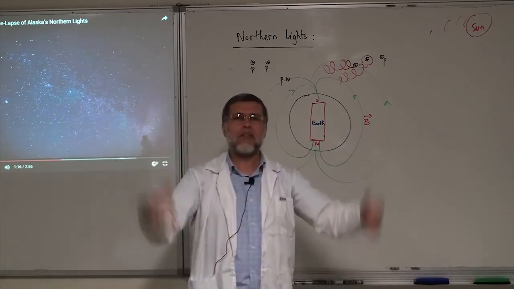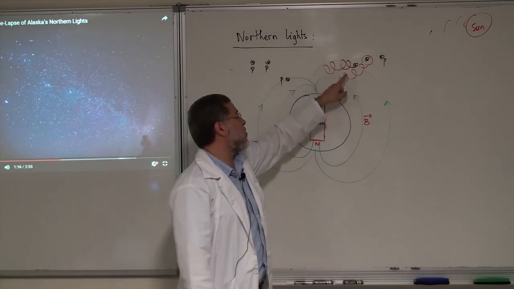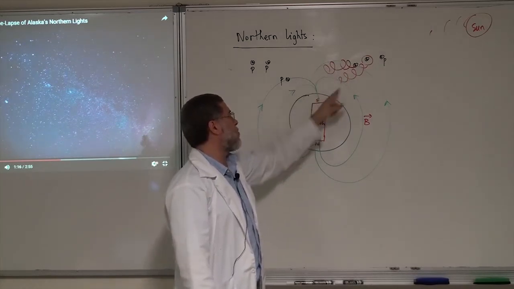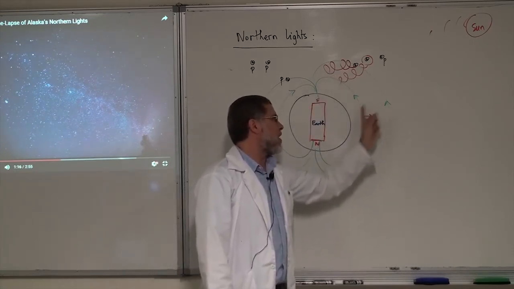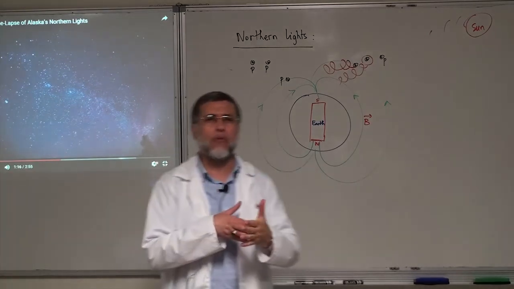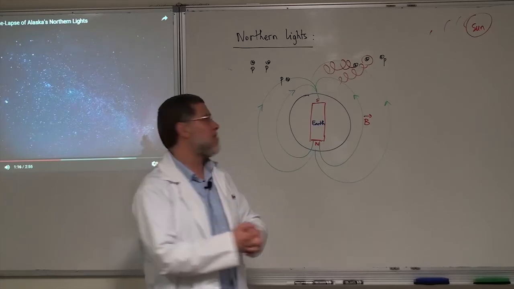Then it emits these lights, and these lights are here because the speed of these protons is high, because the magnetic field of the Earth is strong here and it is weak here. So whatever you do, you cannot accelerate them enough elsewhere to make collisions between the protons and the atoms of the air.